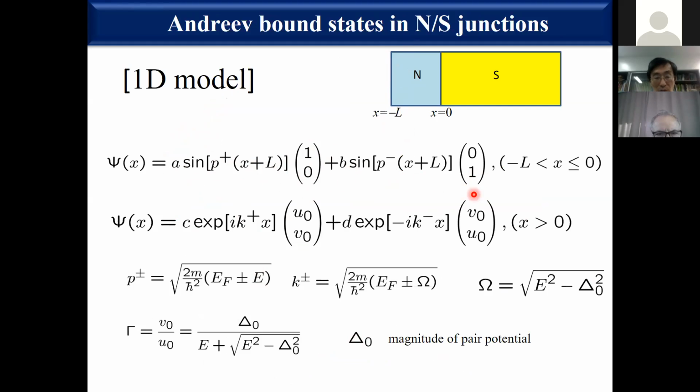On the other hand, in the superconductor region, we must postulate the condition that the wave function never diverges when we take the limit x to infinity. So the imaginary part of k plus is positive and the imaginary part of k minus is negative. This is the unique combination which satisfies the boundary condition.